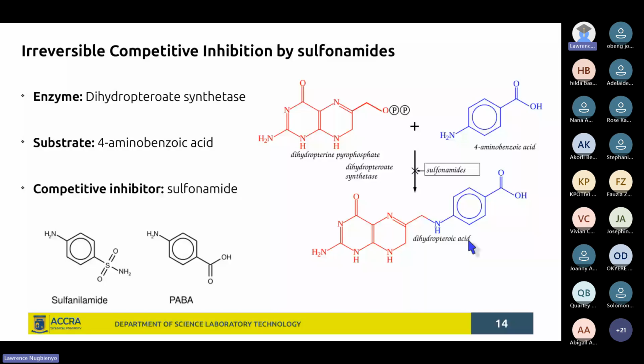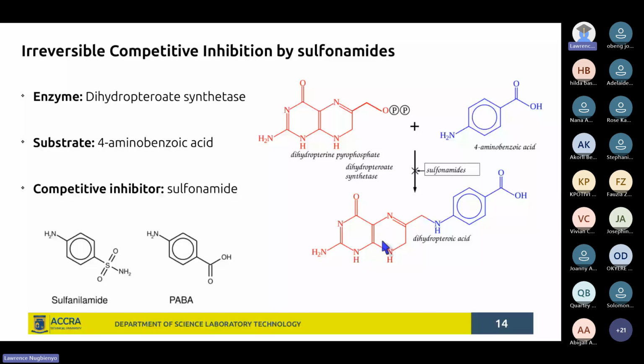Now, if that happens, then what is going to happen? You have the bacteria that requires this reaction to produce folic acid, which it needs for its growth. It means that bacterial growth is going to be inhibited.